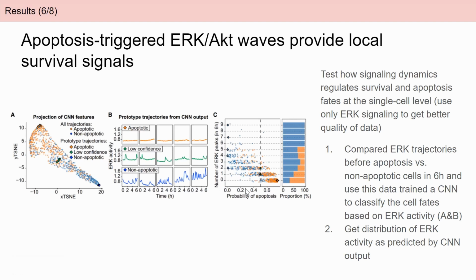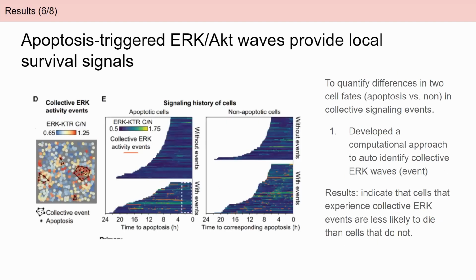And C shows the distribution of the ERK activity as predicted by the CNN output. So they use this CNN output to try to predict the collective ERK activity event.